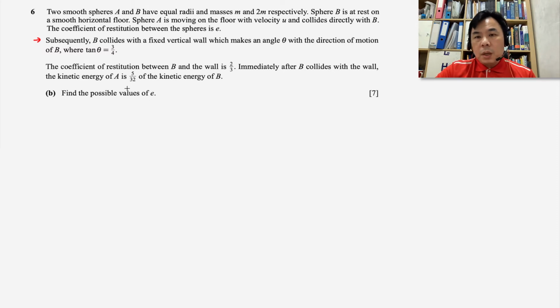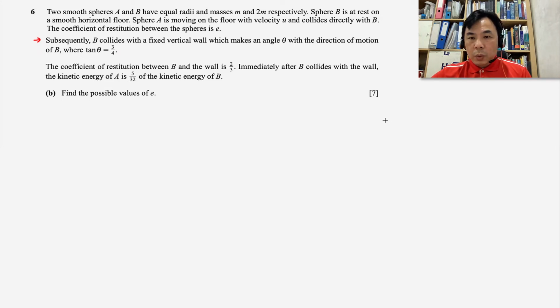Immediately after B collides with the wall, the kinetic energy of A is 5/32 times the kinetic energy of B. Therefore, we need to find out what are the possible values of the coefficient of restitution here. Now, the same thing, we are going to redraw again. This is from a different perspective now.